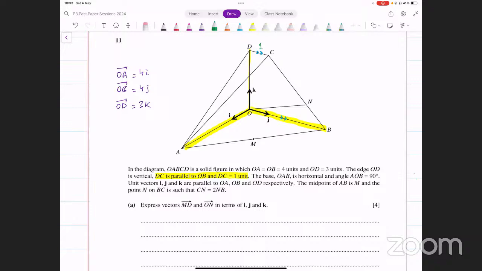Now it will help you later on if you keep writing down these vectors. DC is parallel to OB. That means it's in the same direction as OB. So its direction is basically J, and its length is 1. So that means the vector DC is 1 times J. That's just J.